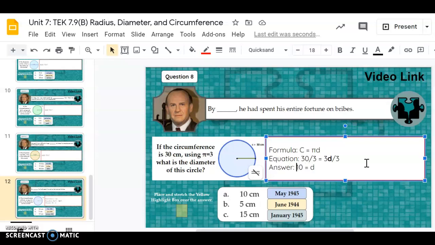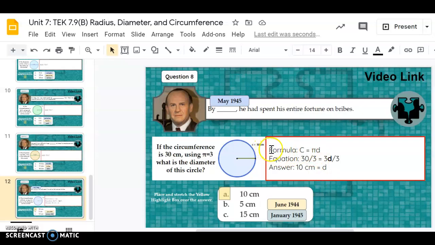So my answer is 10 equals D. Now I'm going to put my label on there because they're using centimeters, and I'm going to put centimeters right there. But that's my answer. Is that answer here? It sure is. It's right here on A. And then I'm going to take this and drag it up, and I'm just going to put it above here since it's kind of big, so we know it fits in that spot.